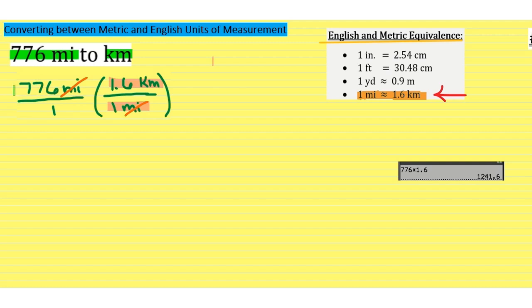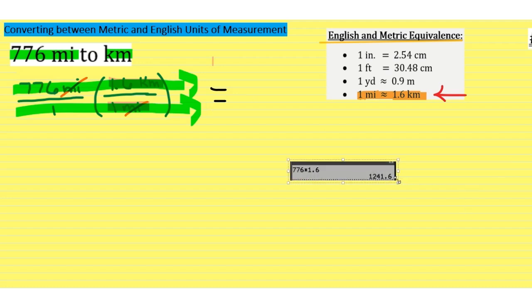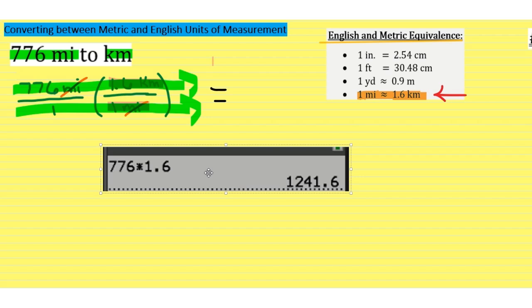So I've got 776 miles times the conversion factor of 1.6 kilometers divided by 1 mile, because the miles are in the denominator, because I want to cancel them out with the miles in the numerator. So I can go ahead and multiply straight across, numerator times numerator, denominator times denominator. Let's look it up in our calculator. 776 times 1.6 is equal to 1,241.6 kilometers.